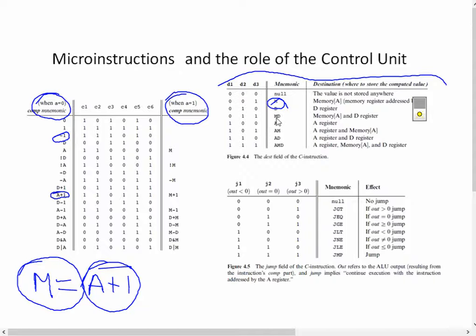That means it's going to send it to memory and to the D register. In some cases it's saying AM, which would mean that the outcome of this computation is going to be sent to both the A register and the M register. Now what you're noticing here is that I have basically 3 different destinations that I can use. I have the A register, I have the D register, and I have the M register.